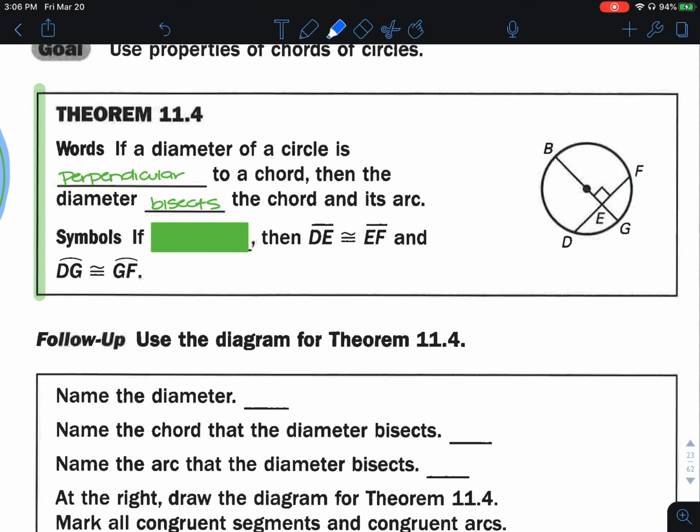If they are perpendicular, then my diameter BG bisects my chord, so making these two parts congruent. So DE is congruent to EF. It also makes my two arcs congruent. So DG and GF are also congruent. So if BG is perpendicular to DF, then DE is congruent to EF, and arc DG is congruent to arc GF.